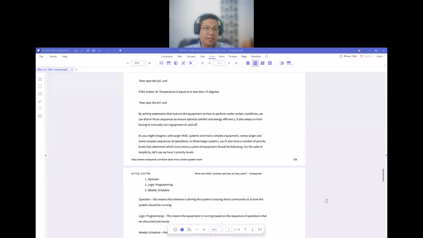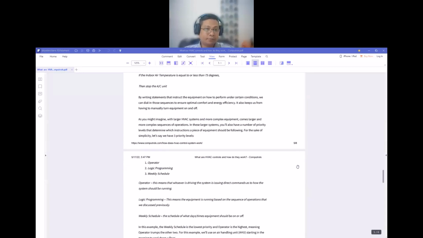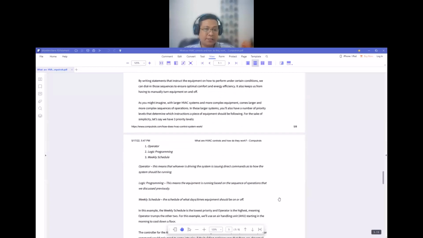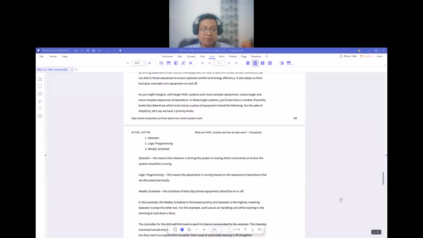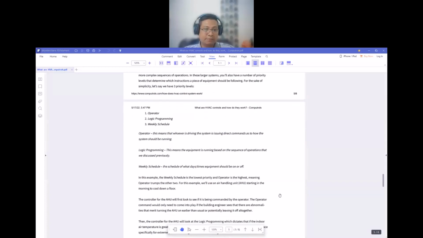It also keeps us from having to manually turn equipment on and off. Actually, this one is the basic control, manually on and off. The other is by computer systems, sensor systems, and thermostats. That's how we control a system.